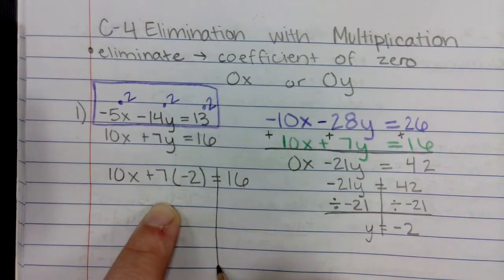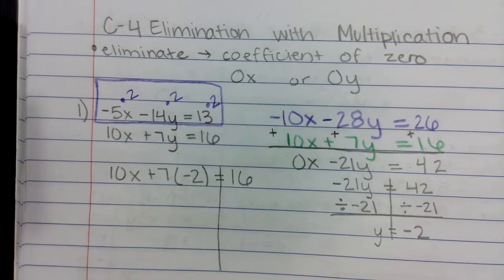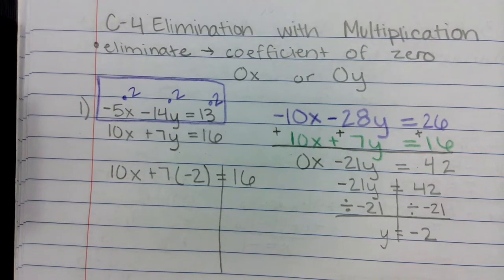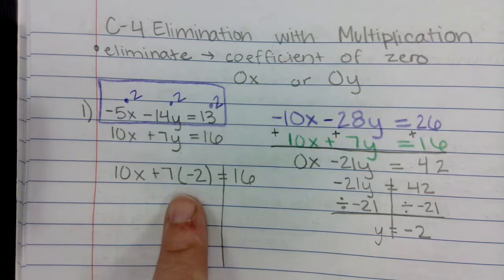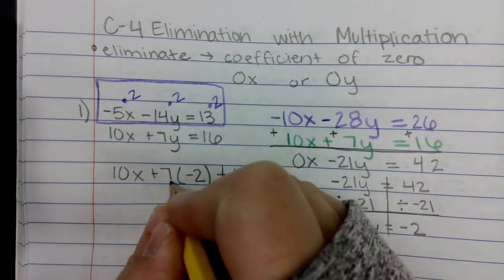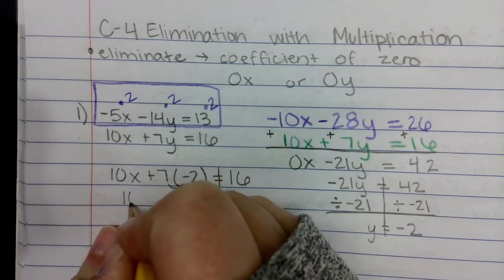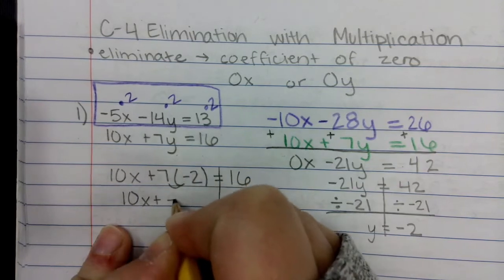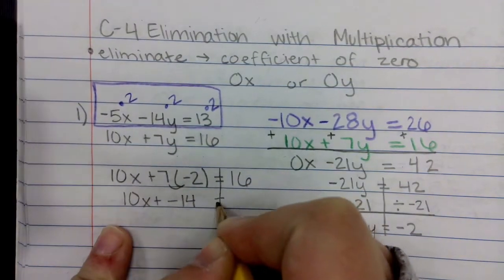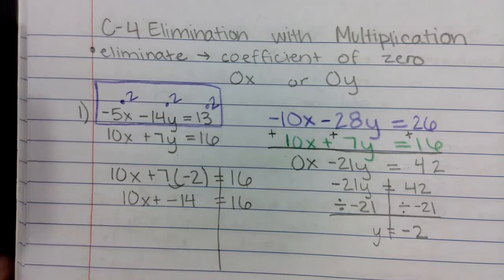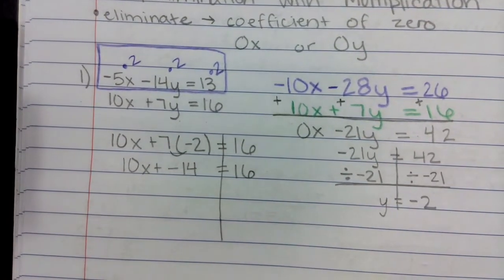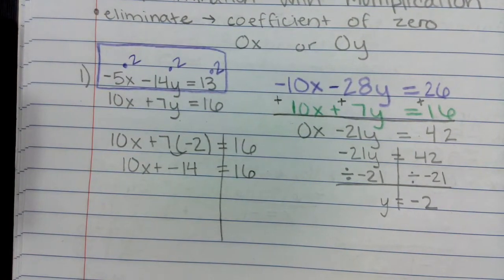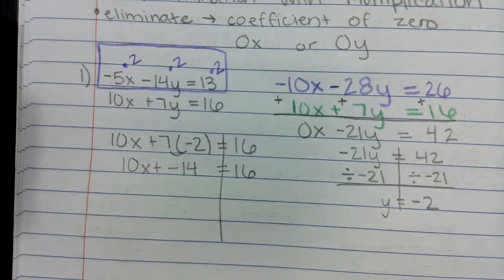All right, 7 times negative 2. We want to simplify that. Good, negative 14. And then are we going to undo the 10 or the negative 14?